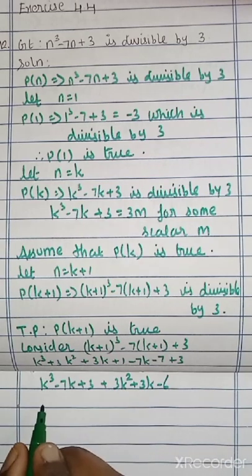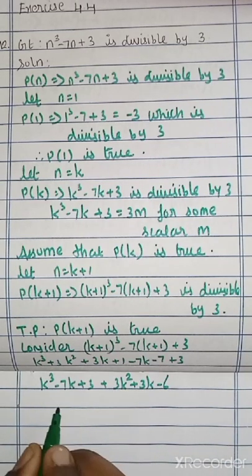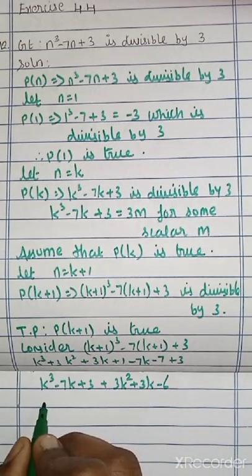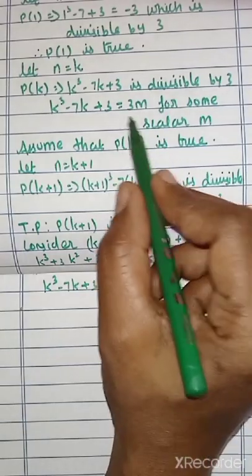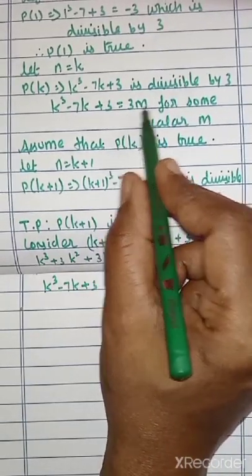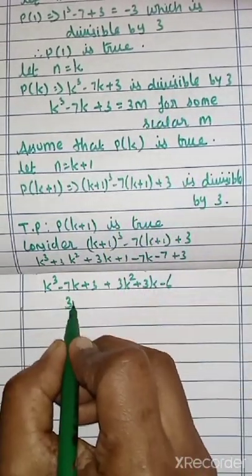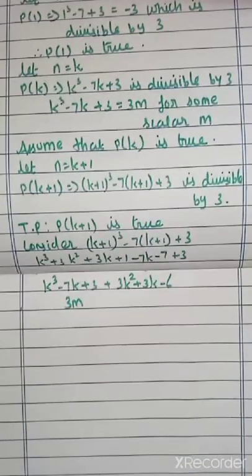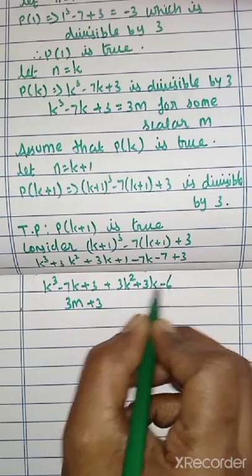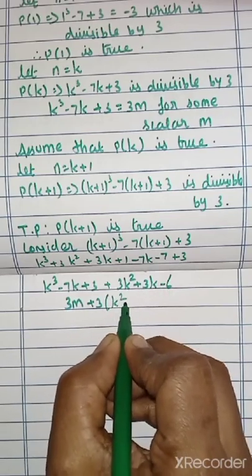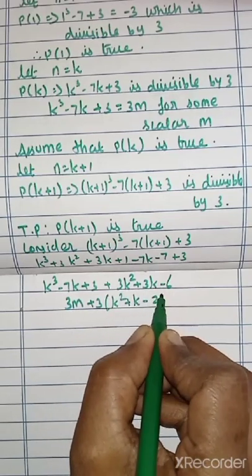Okay, so instead of this term, k cube minus 7k plus 3, can we substitute 3m? So this you will take as 3m plus 3, taking common from the second term, you will get k square plus k minus 2.